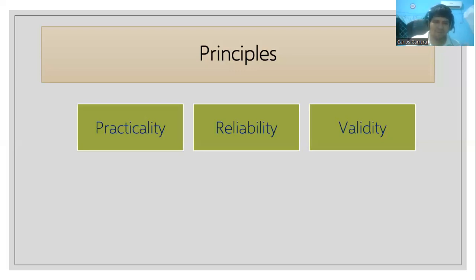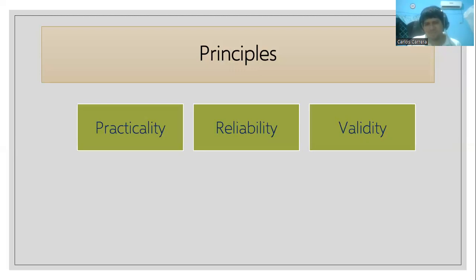And our test or activity has to be as clear as possible because this administrator has to understand what we are trying to test or evaluate. And also the students have to be clear about what they are trying to do. And if not, well, this activity is not as reliable as we want.